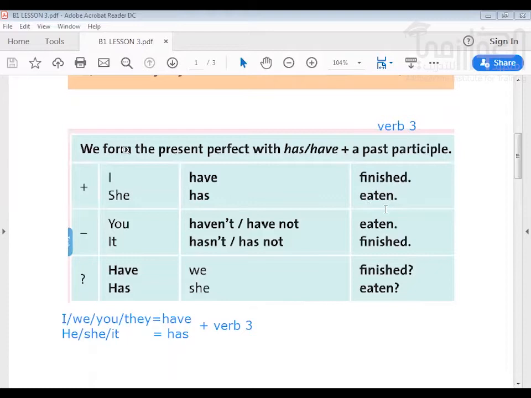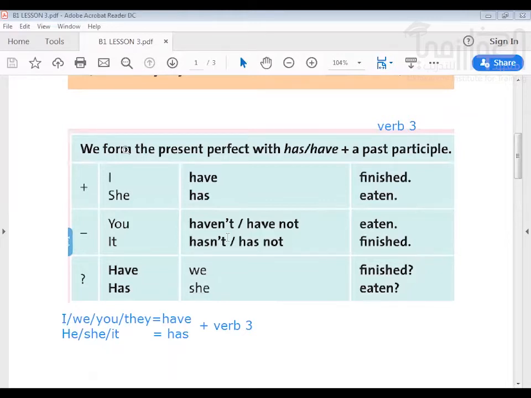So these are the verb 3: finished, eaten. Okay, so this is the positive sentences. I have finished, or she has eaten. And then the negative, nafi: you haven't eaten, or you have not eaten, or it hasn't or has not finished.